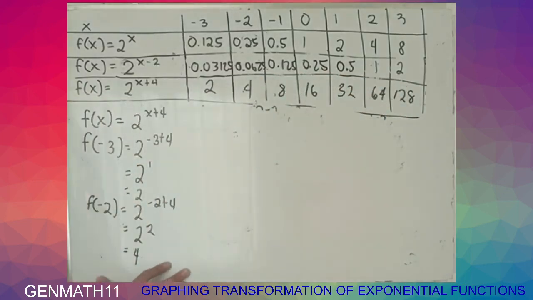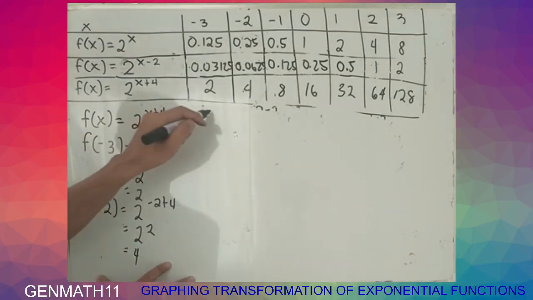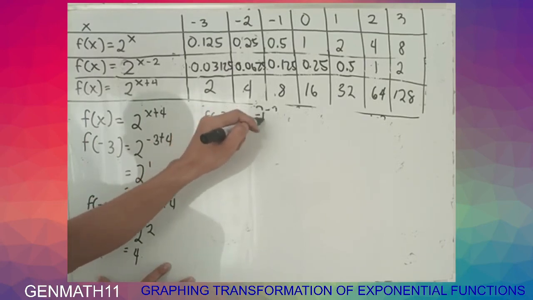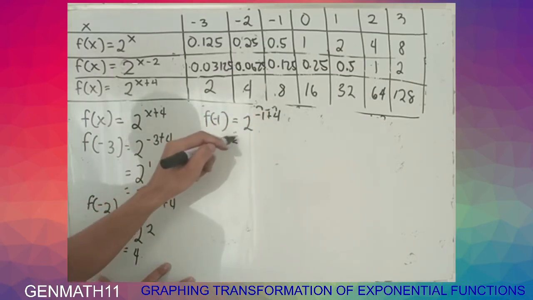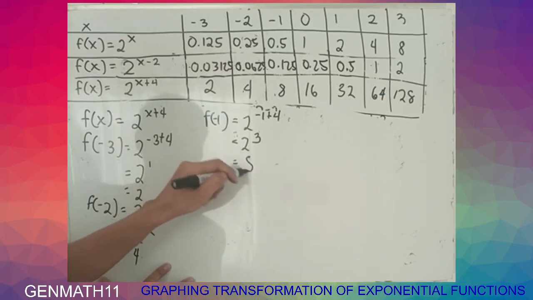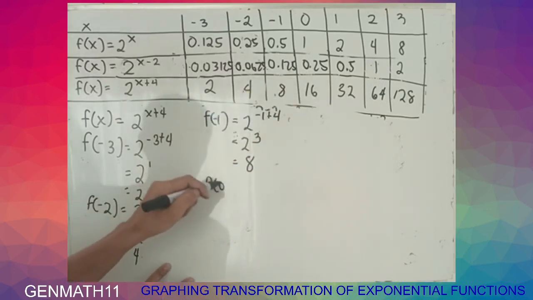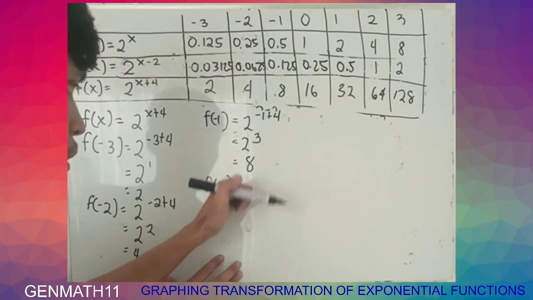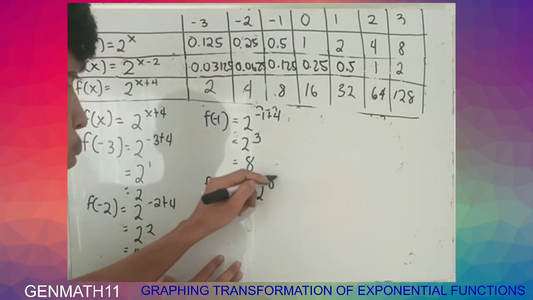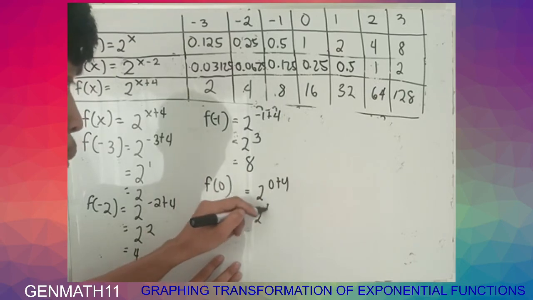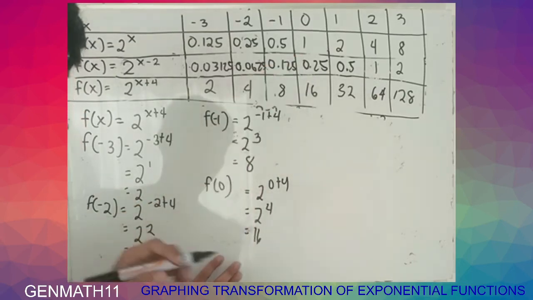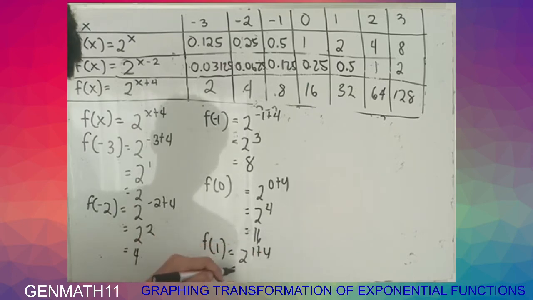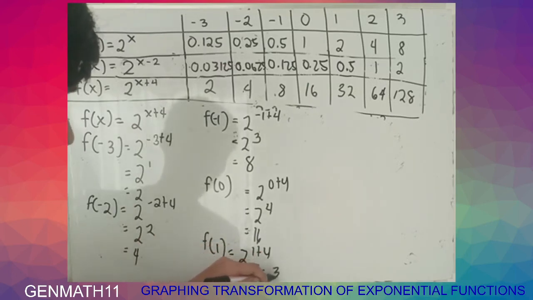Okay, try natin kung tama yung ating theory. Negative 1, 2 raised to negative 1 plus 4, magiging 2 raised to 3. So, it will be 8. Tama. Then 0. 0 plus 4 is equals to 2 raised to 4, so 16. Tama pa din. 1 plus 4 equals to 2 to the 5th power, so ang sagot dito ay 32.